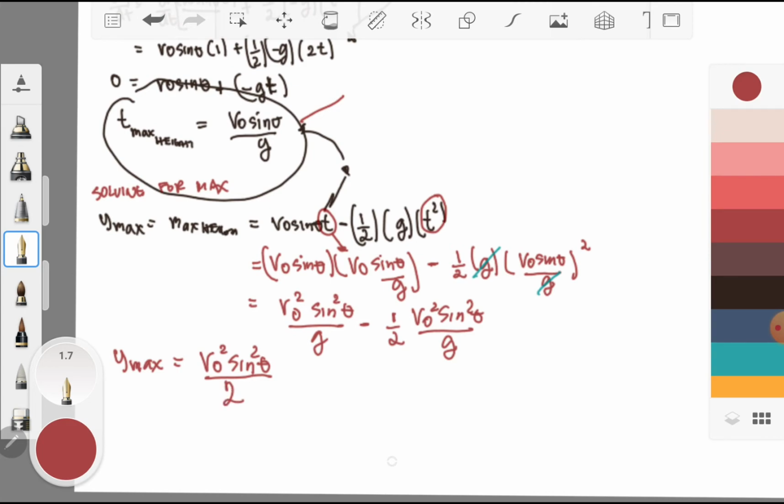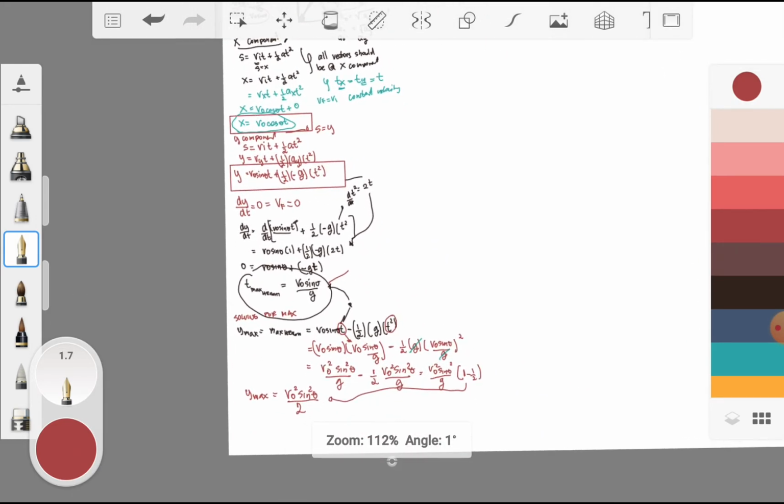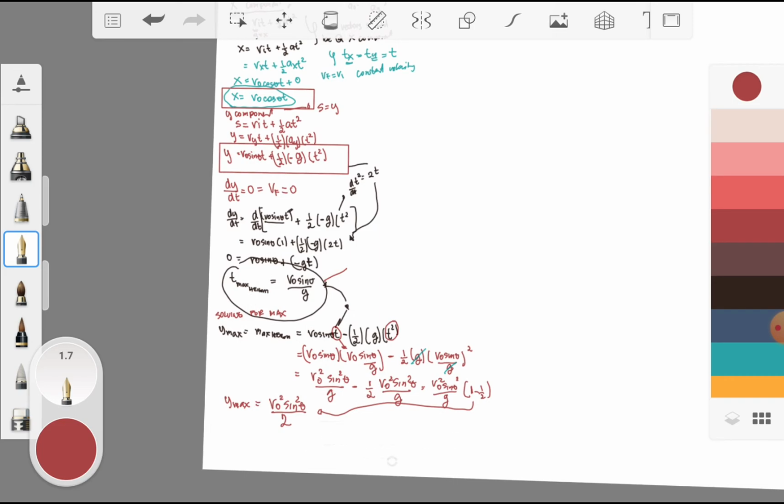Okay? So how did that happen? You just factor it out: VO sine theta squared divided by g. So you will have the expression 1 less 1 half. Okay? And then, by manipulating that equation, we'll have a value of your y max or your maximum height equals VO squared sine squared over 2g.